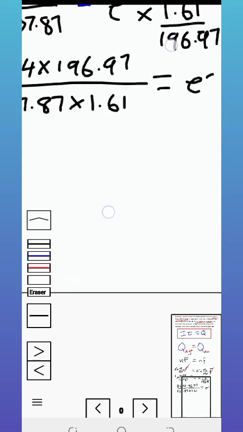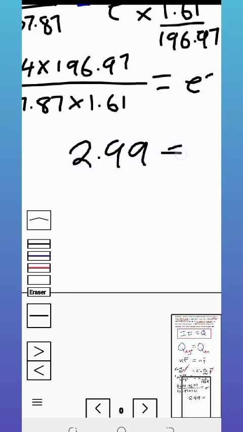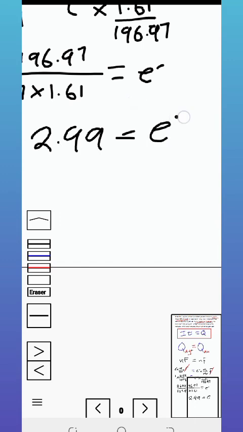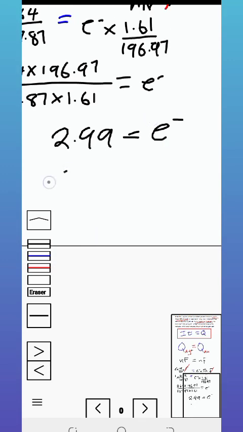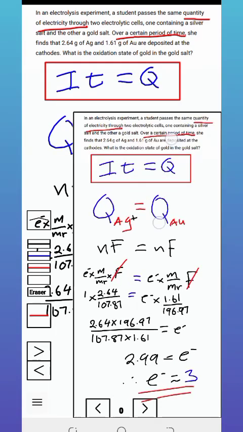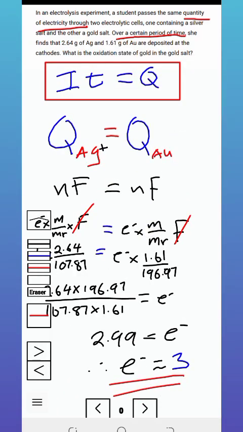Therefore 2.99 is equal to the electrons, so E is equivalent to 3. This is our final answer. So from the question, basically what we're saying is that the oxidation state of gold is 3.